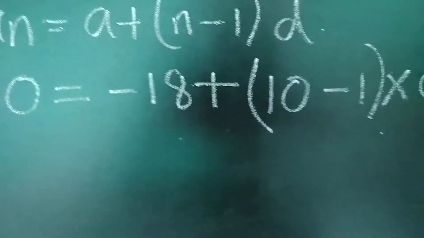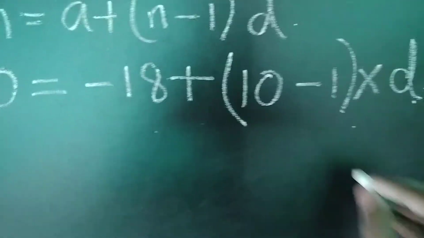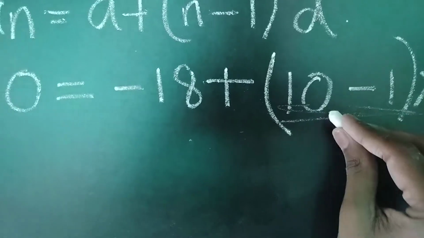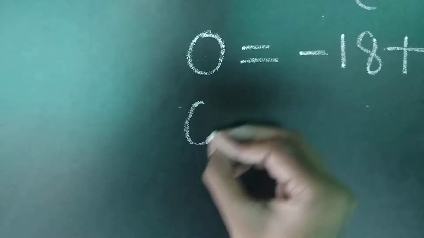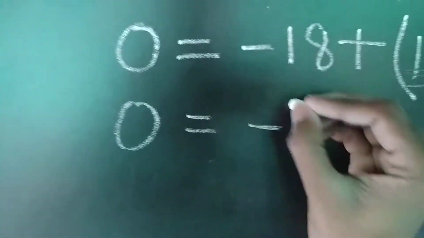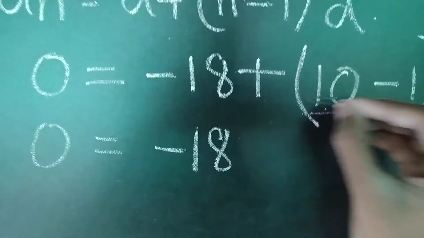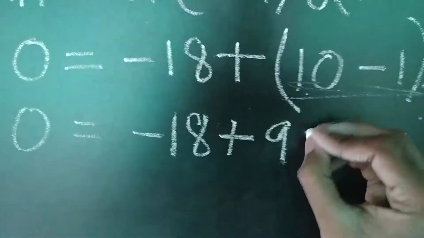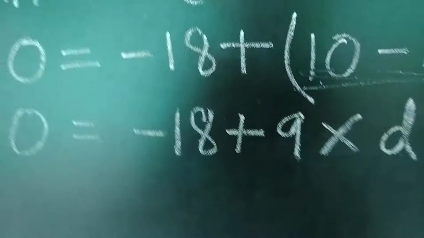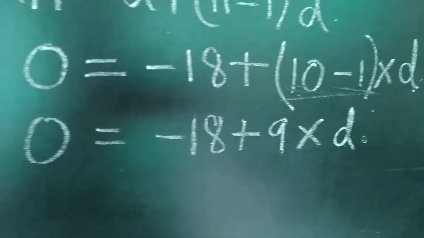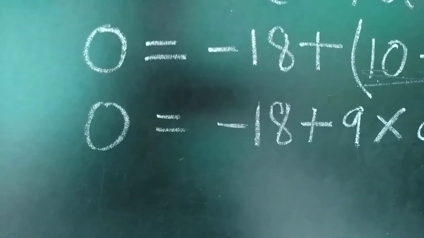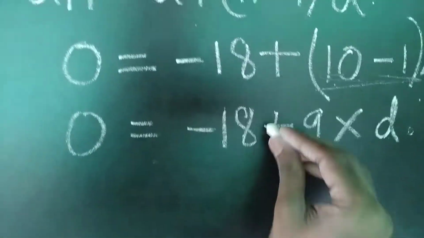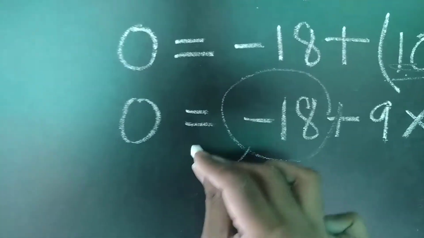As I said in the previous problem, first we need to solve whatever is there in the bracket. Remaining all will be same. 0 equals minus 18. So inside the bracket we have 10 minus 1. So 10 minus 1 fetches you 9 into d. After solving inside the bracket, what you are supposed to do means shift this minus 18 to the LHS.